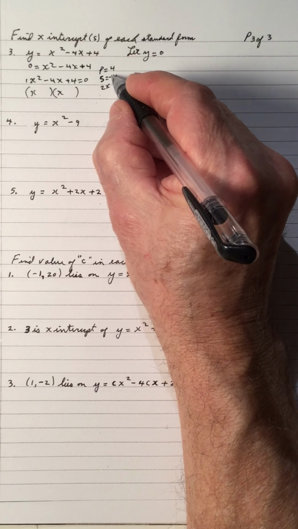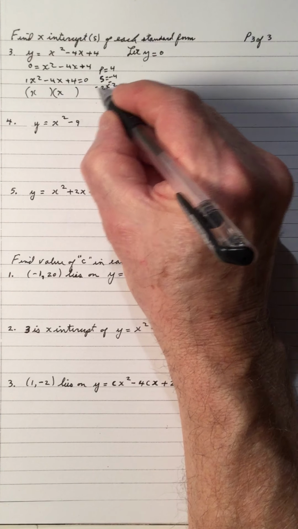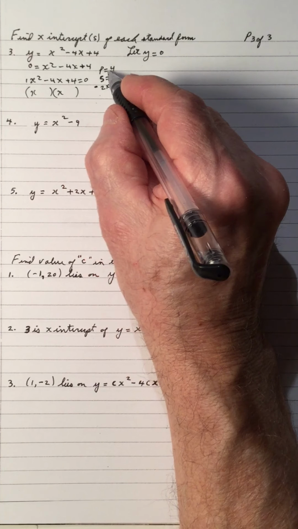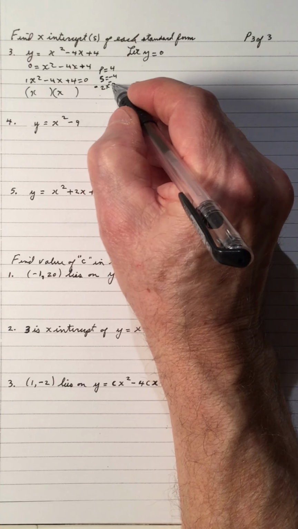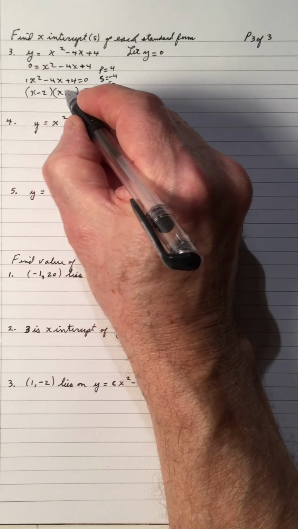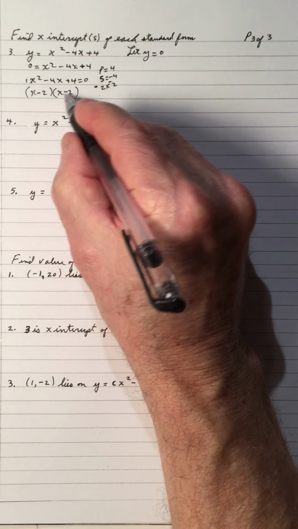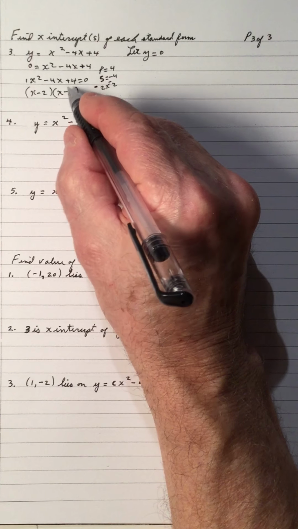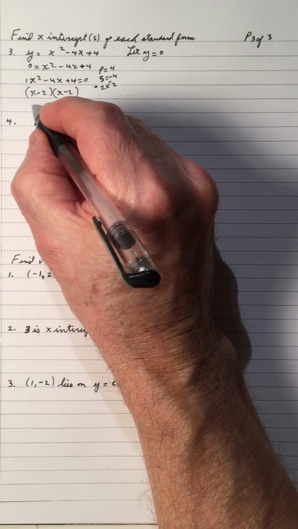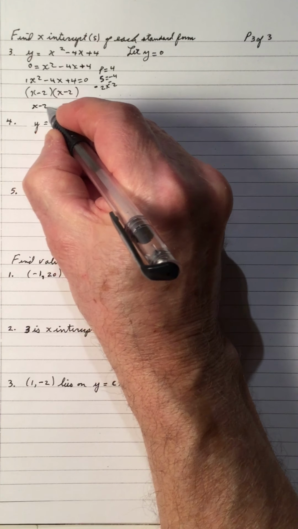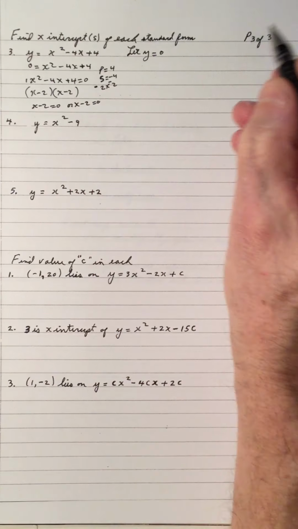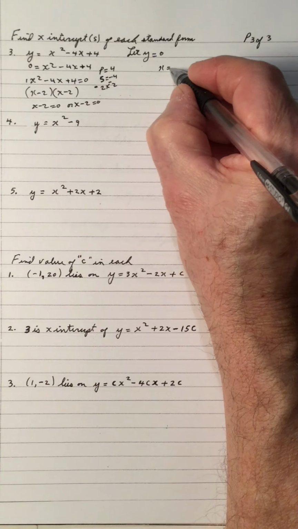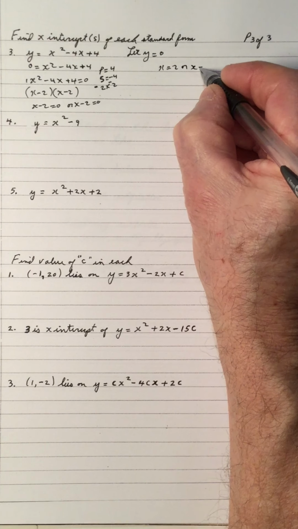And they have to add up, so they both have to be negative. If the product is positive and the sum is negative, it must be 2 negatives. So negative 2, negative 2. Multiply: negative 2 times negative 2 is 4. Add: negative 4. And we get x minus 2 equals 0, or x minus 2 equals 0. So that means x equals 2, or x equals 2.